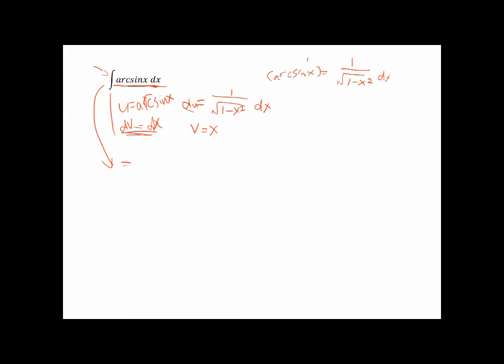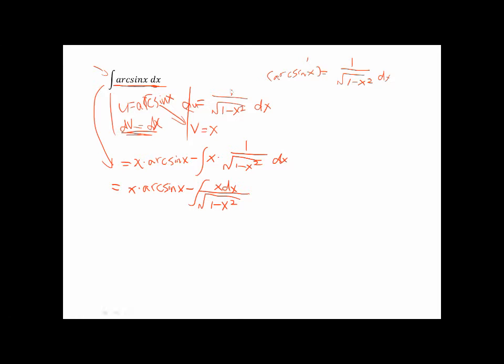Integral arcsine x dx equals uv, this direction, x by arcsine x, minus integration of the new column, x by 1 over square root 1 minus x squared dx. Okay, so it's fairly simple to set it up. So x arcsine x minus, I put x dx on top. Here is square root of 1 minus x squared.